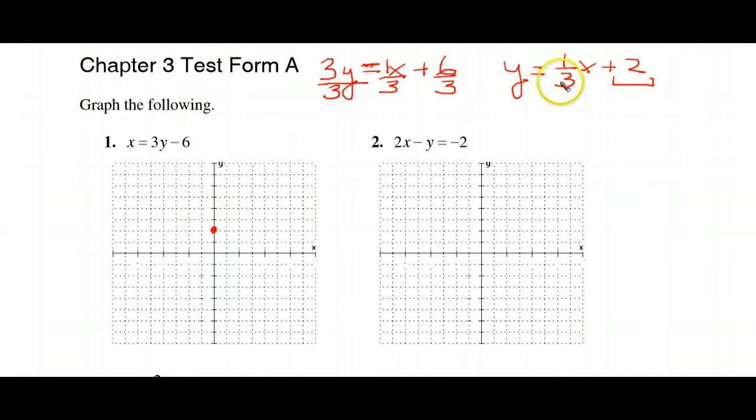It's positive, so my run is 3. 1, 2, 3. And my rise is 1. So I can put in 1, 2, 3, rise 1. I get a couple of points here. Okay, now I take my line tool, and there's my graph.